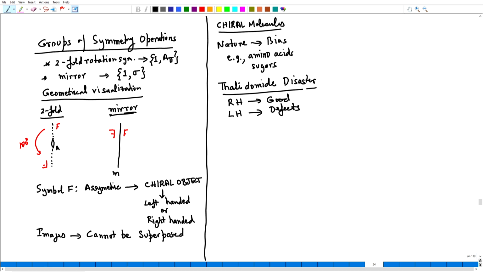So, that had a pronounced effect on drug testing as well. So, this is what I wanted to just talk about chirality, and it keeps popping up. And now, let us come down to point groups, which are basically nothing but groups of symmetry operations.